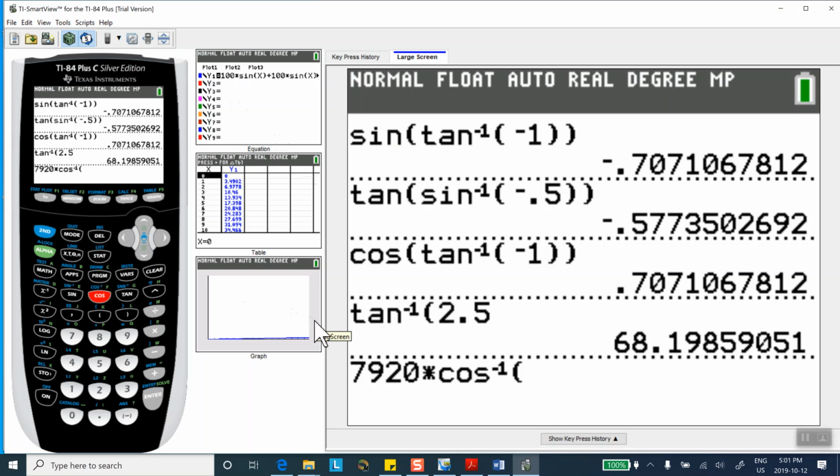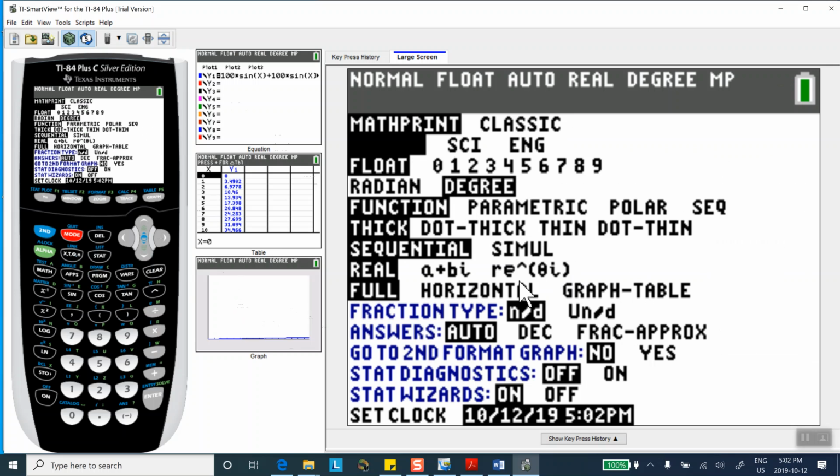In the numerator we have 3960, and in the denominator we added 100 to it, so 4060. The only problem is that this will be a wrong answer, because my calculator mode is on degree. I have to set it back to radian, otherwise you get a number that's garbage.